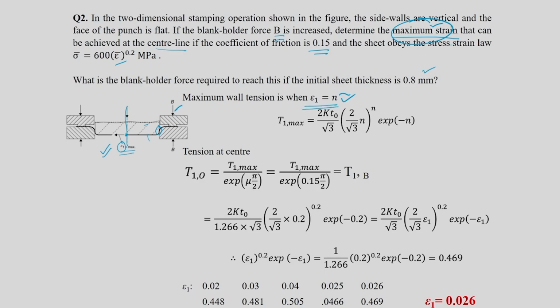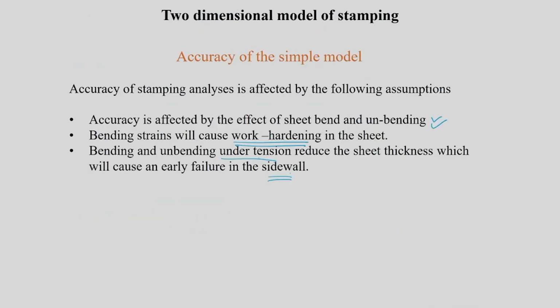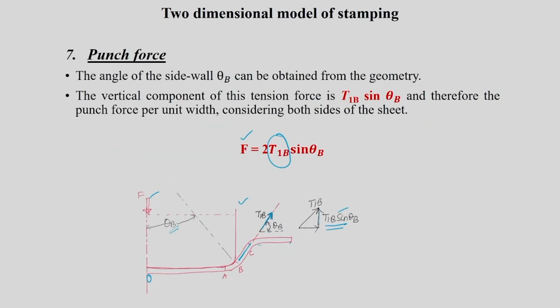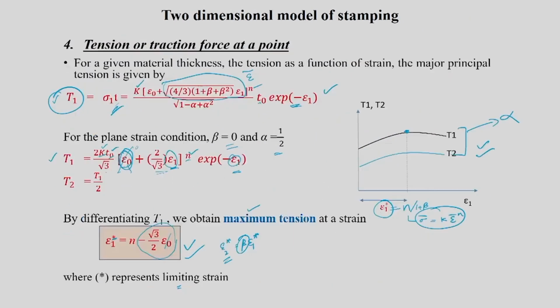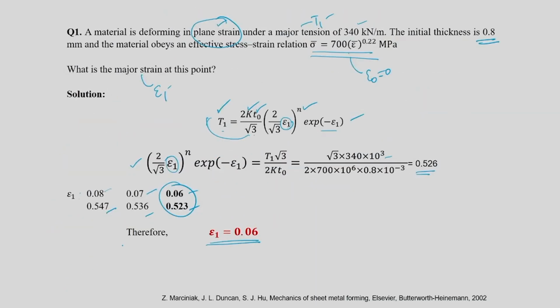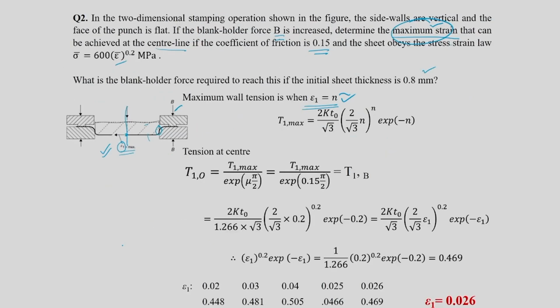It is a condition which we got before: epsilon 1 star is root 3 n minus root 3 by 2 into epsilon naught. Epsilon naught is not there here, so epsilon 1 is equal to n. So the condition we keep is that when wall tension is maximum, epsilon 1 also becomes maximum, which can happen because of any slight change in blank holding force, and when it becomes maximum epsilon 1 will be equal to n.